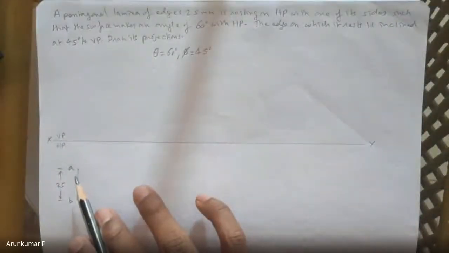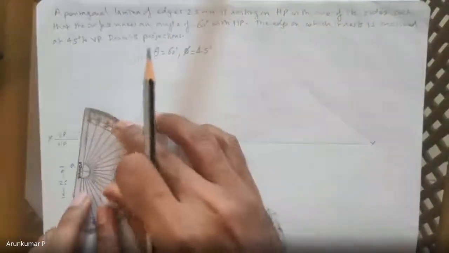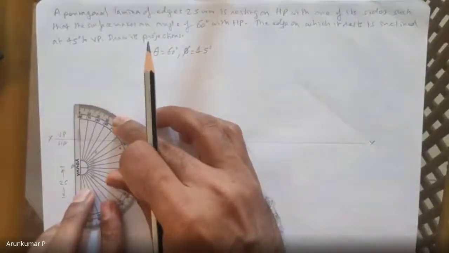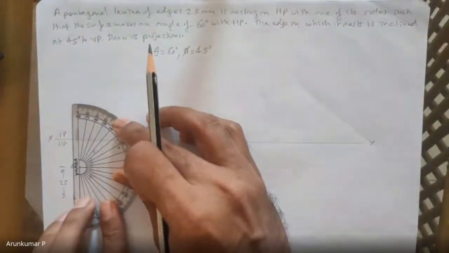Then the other edges. For a pentagon, the included angle, the angle between any two sides or edges of the pentagon, the internal angle, is how much? 108 degrees. Yes, 108 degrees.